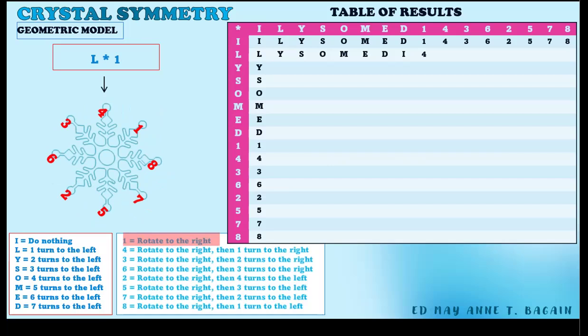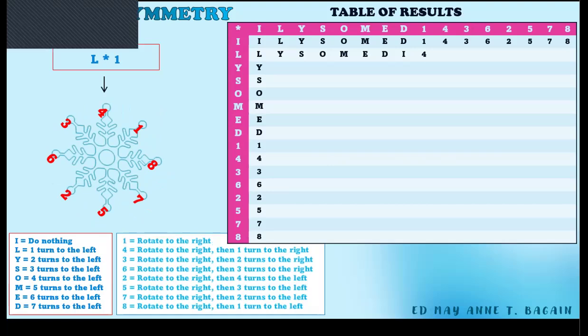So the number at the back of L would be 4. So next, let's check. We're still looking at L. But now we need to do the move for 4, right? We're doing the L star 4. So what is the move for 4? We have rotate to the right, then 1 turn to the right.